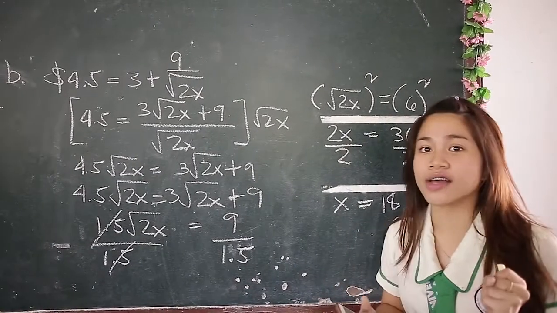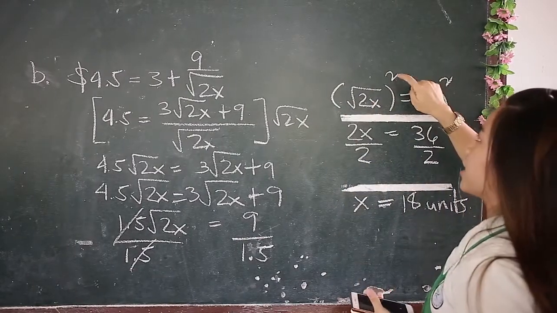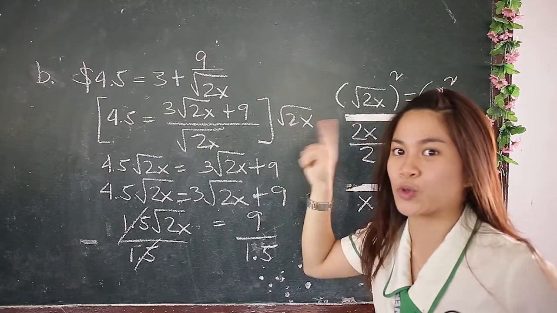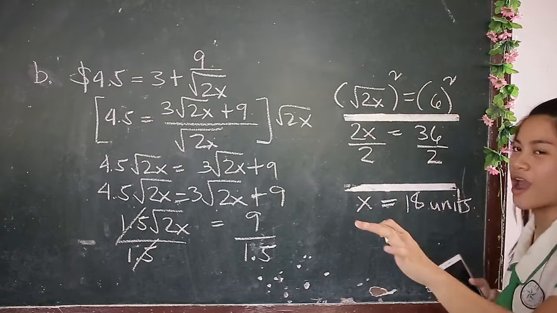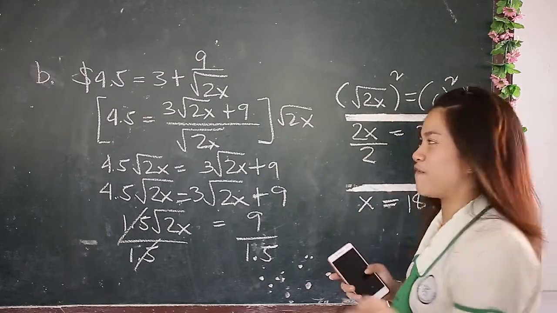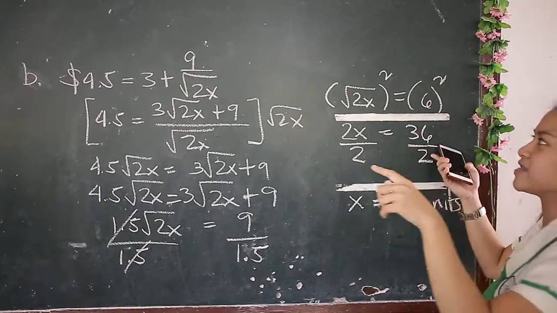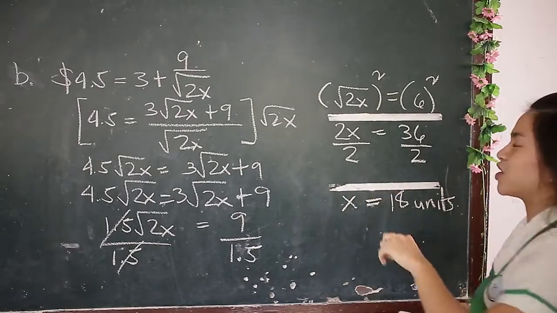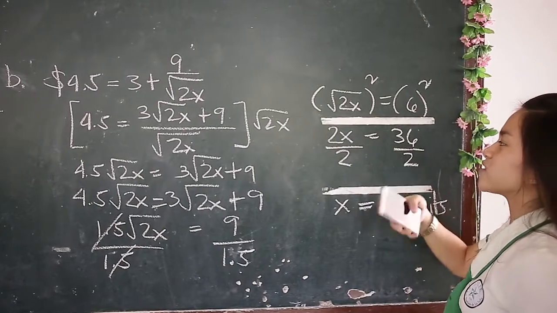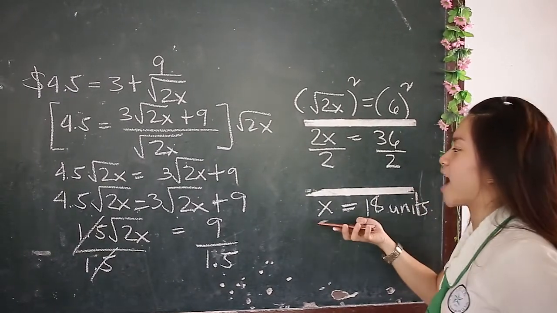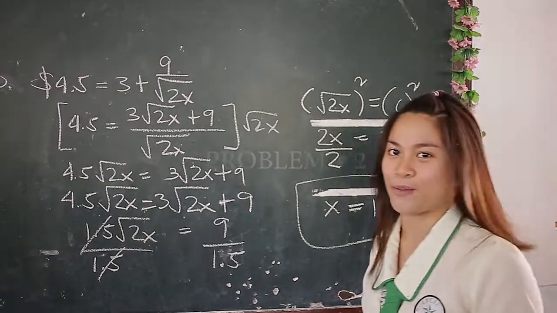And then in order for us to remove the radical, we are going to raise it to 2, so you also raise the other side to 2. So 2x is equal to 6 times 6, 36, because the radical is now removed. Then in order to get x, we divide by 2. So 2x over 2, 36 over 2, that becomes x is equal to 18 units. So that is the answer for our second problem.